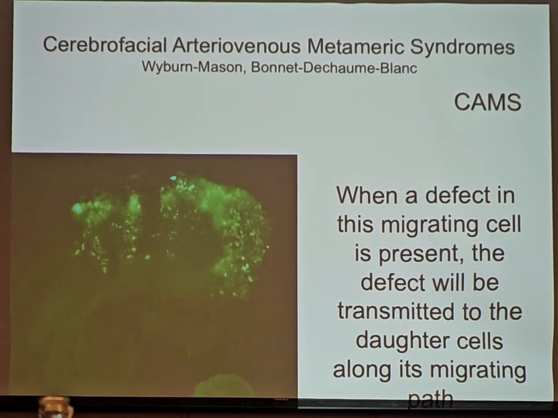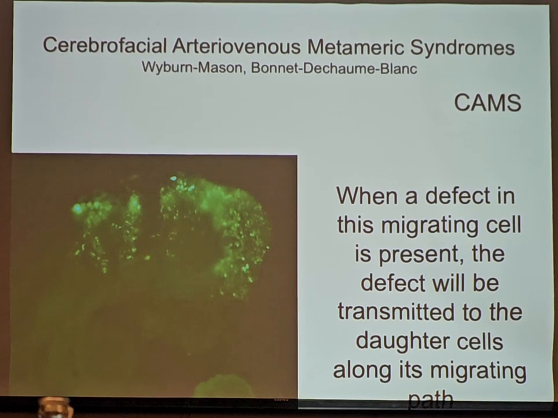Or we can explain the disease that was called Wyburn-Mason syndrome in the English literature, Bonnet-Dechaume-Blanc disease in the French literature, and that Pierre Lasjaunias coined cerebrofacial arteriovenous metameric syndromes, or CAMS. We will hear more about this later, but remember that in general, for the head and neck phase, you have to have the coalescence of mesodermal and ectodermal cells.